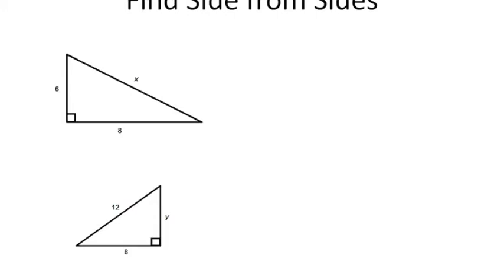But we can find it out very easily using the theorem we just talked about, the Pythagorean theorem, if you remember. So we have 6, 8, and then we need to find out the hypotenuse. So simply we have x squared should equal 6 squared plus 8 squared. This is 60.